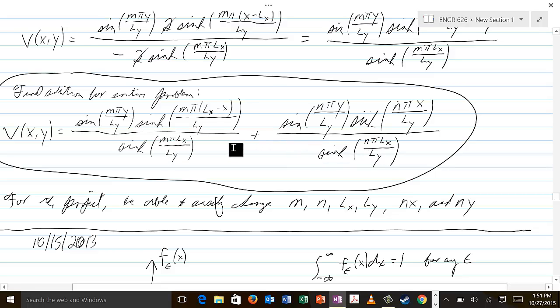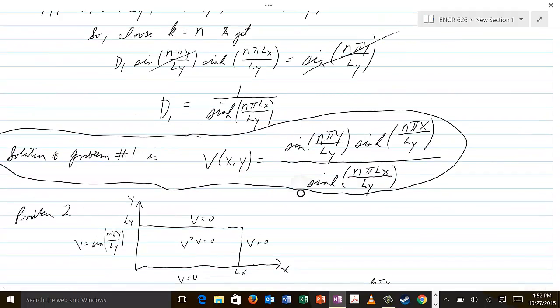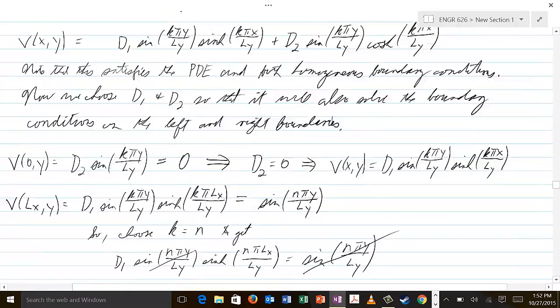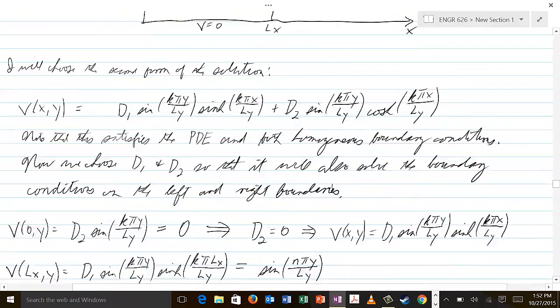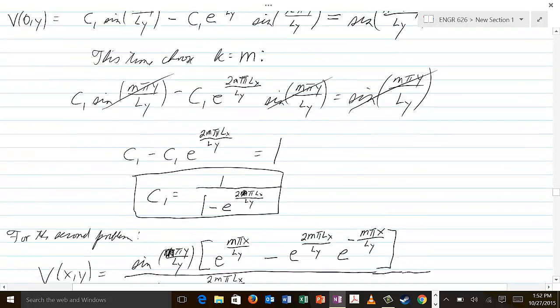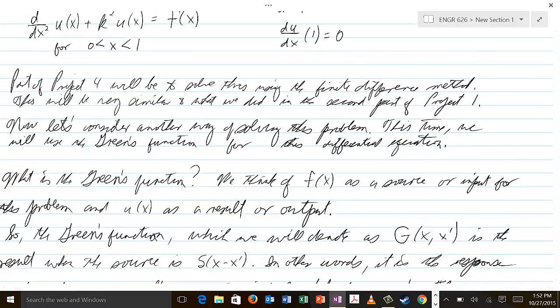What about the boundary condition at the right-hand boundary? At the right-hand boundary, we're supposed to have sine of n pi y over Ly. Well, let's see if we'll get that. At the right-hand boundary, x is equal to Lx.